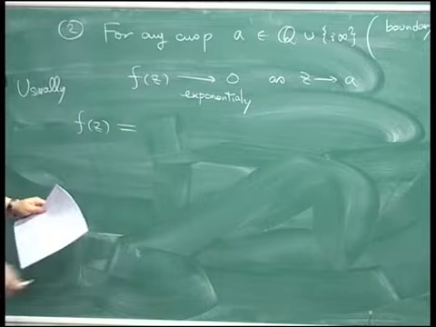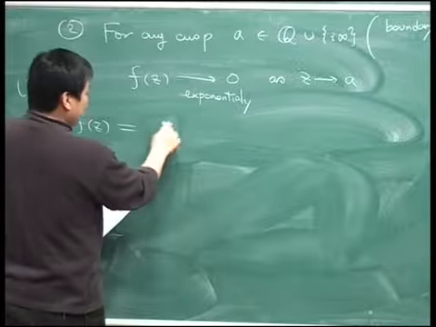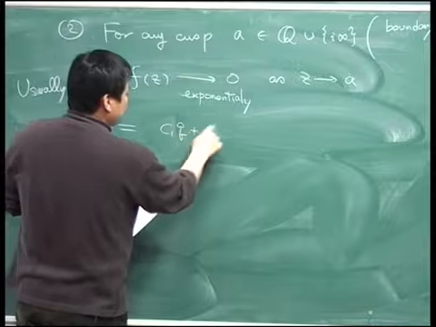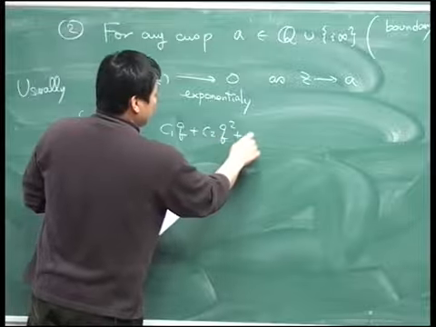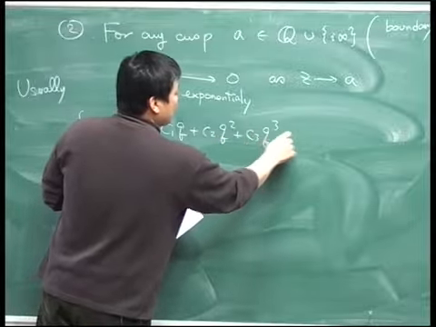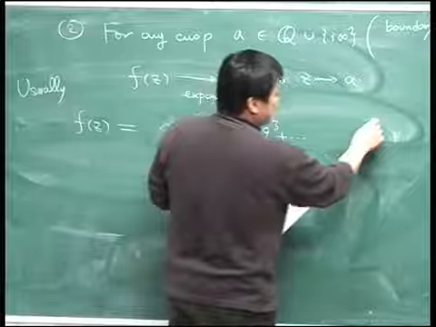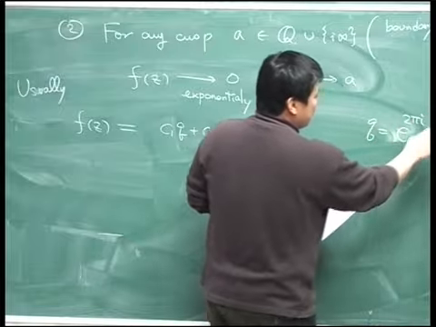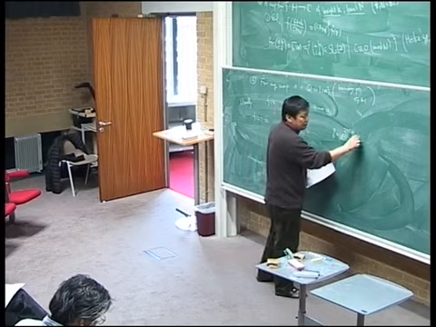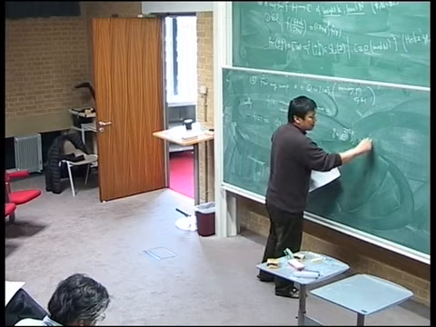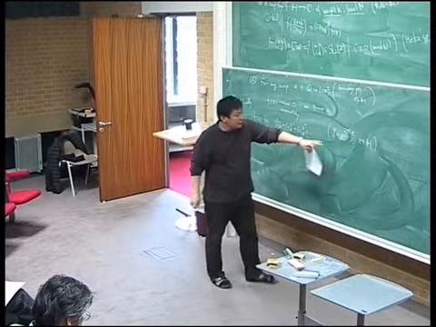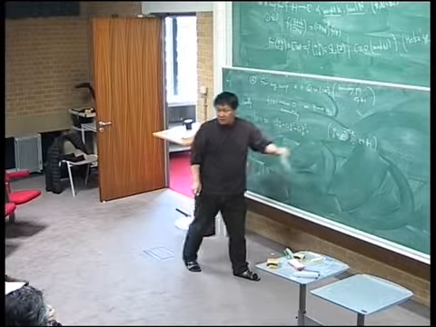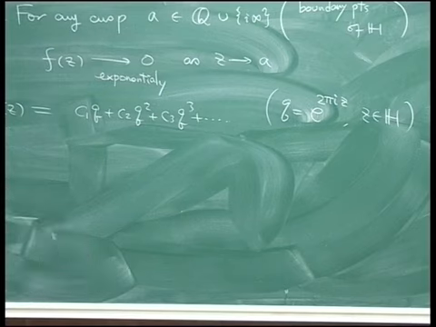Since f is periodic, this has a Fourier expansion c1 q plus c2 q squared of this form, where q is exponential 2 pi i z, where z is a parameter on the complex upper half plane. So q is a fundamental unit of period.